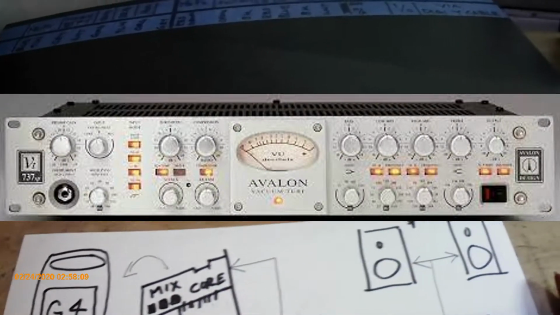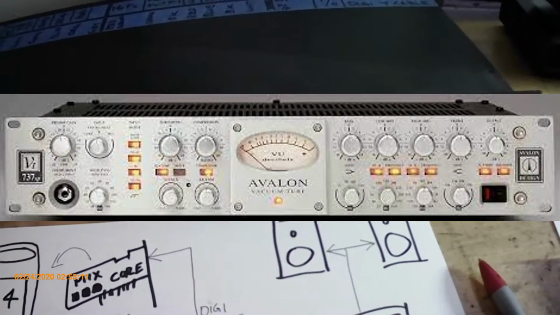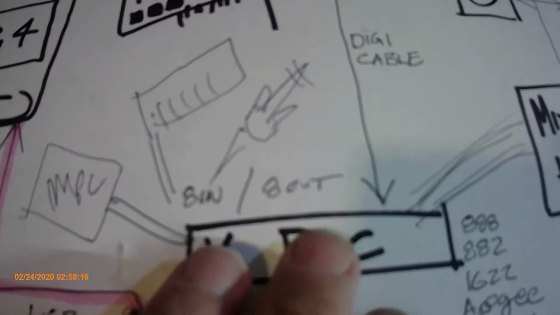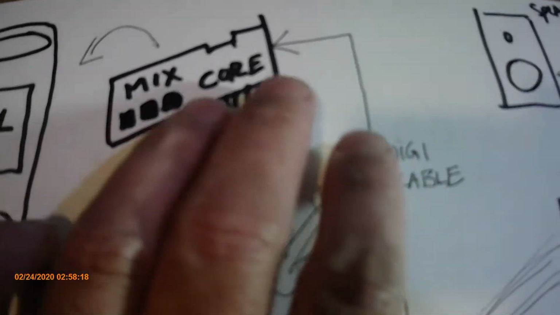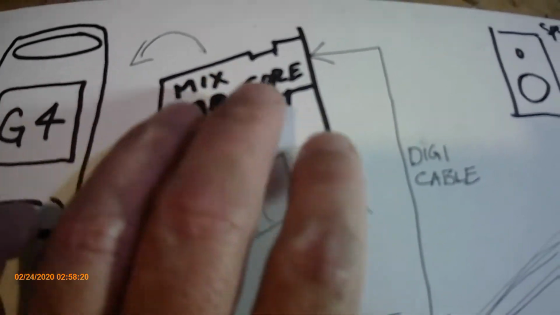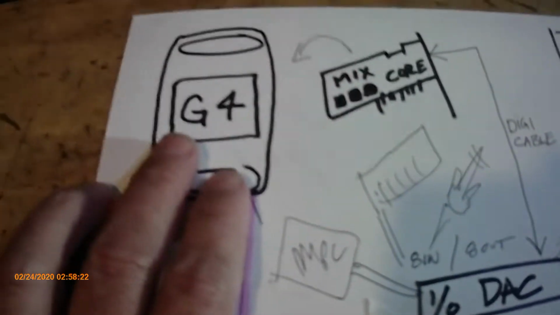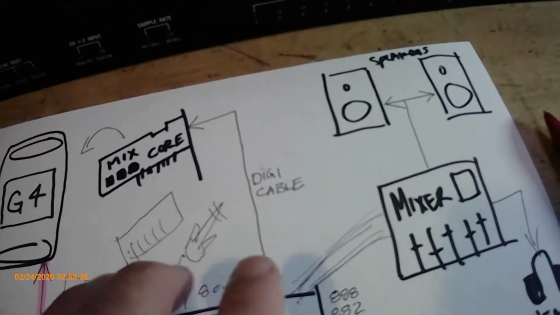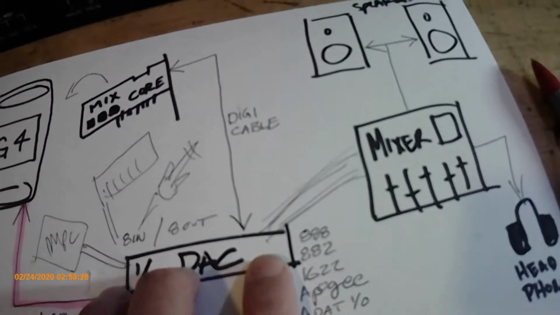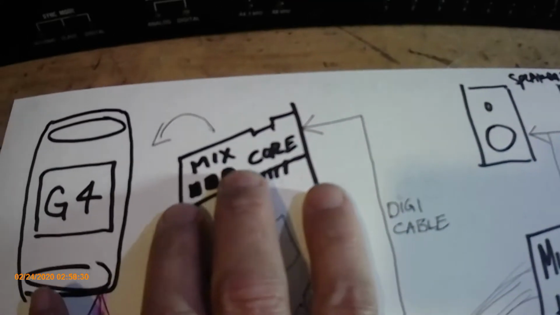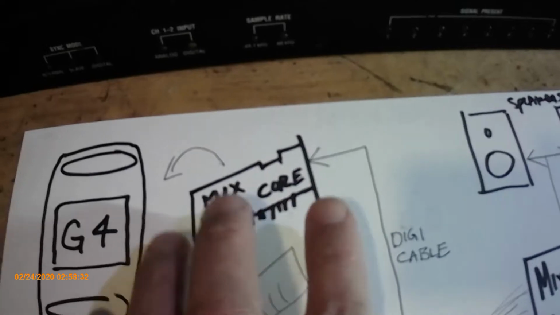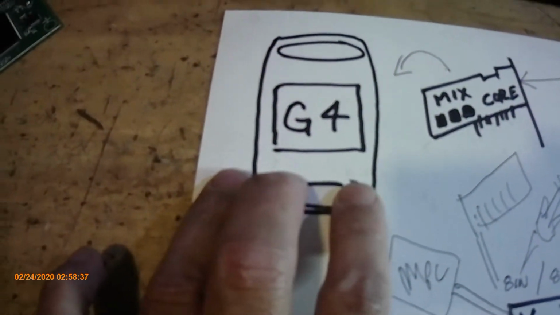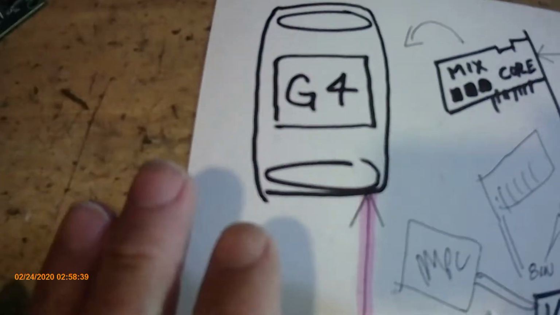All it is is a line level input that turns audio signals into ones and zeros, moves them down your DigiLink cable to the MixCore card, and then from the MixCore card into the PCI bus of the G4. Hence separating the computing power needed for the DAC, the computing power needed for DSP and mix environment, and what was required to run the screen and allocate your data to the different drives.